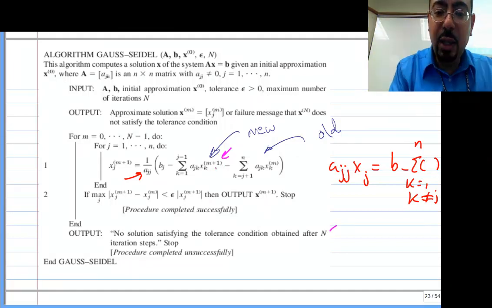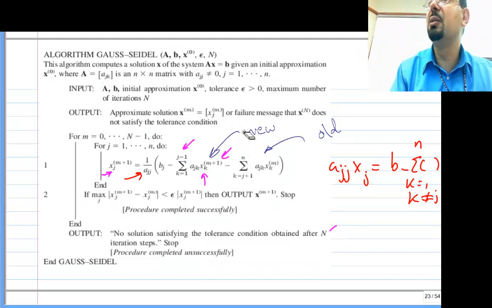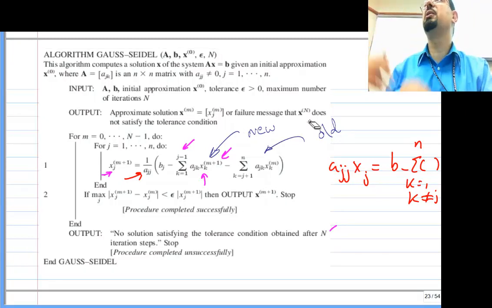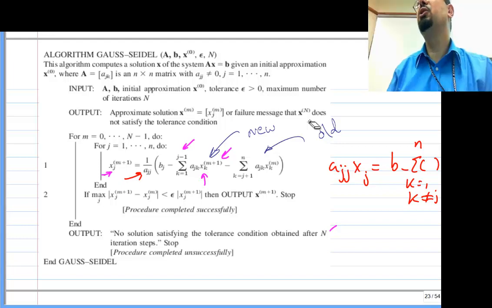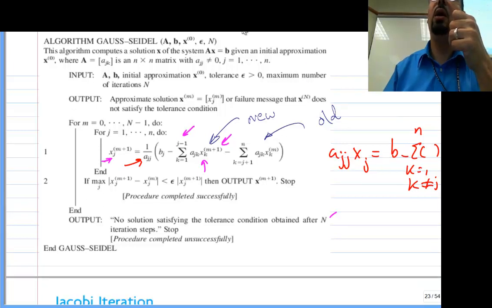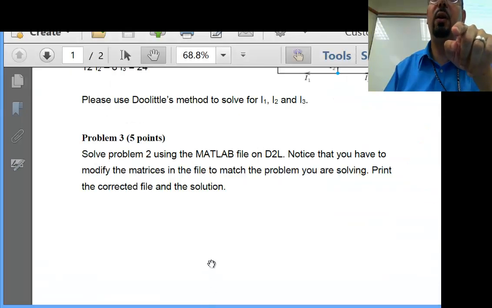Notice that he's summing up to j minus 1 using the new values. And the old ones we keep for x j plus 1 all the way to xn. Right? So he's always updating the calculation.